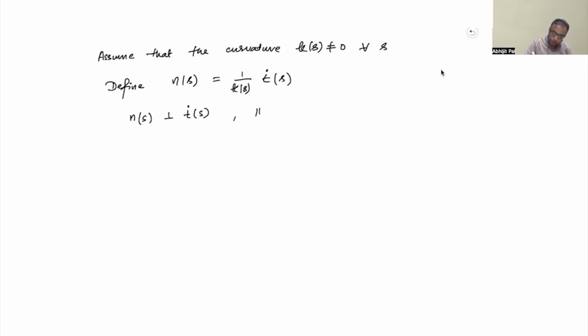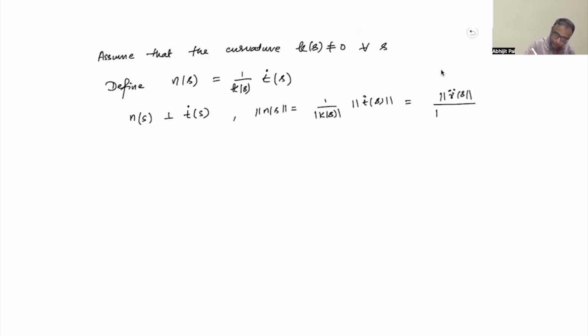And what is the norm of Ns? This is equal to 1 by mod of ks times the norm of T dot s, which is gamma double dot s.